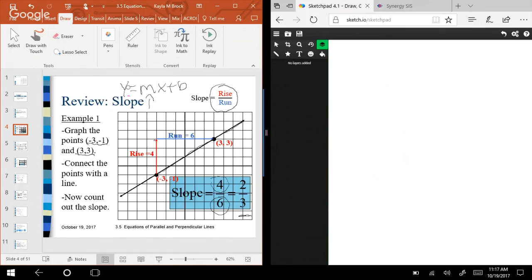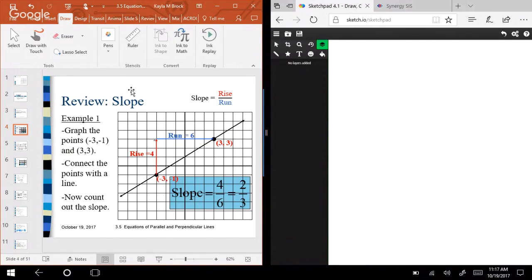So what we want to do is graph. Now, the first thing you need to do when you look at a graph, and I understand that this is already filled in, let me go ahead and erase some of this stuff that I had done previously. The first thing we want to do is identify where the x-axis is and where the y-axis is.